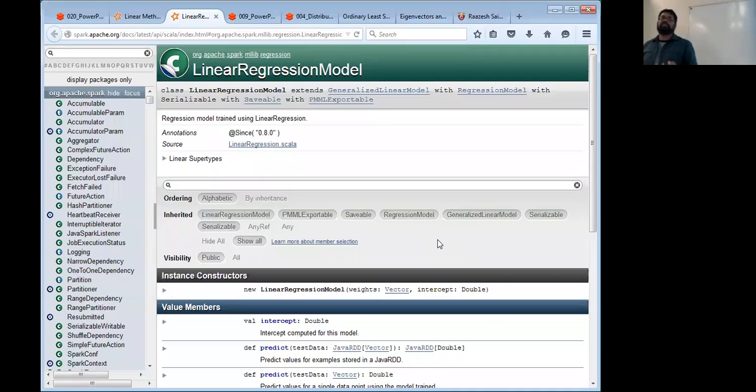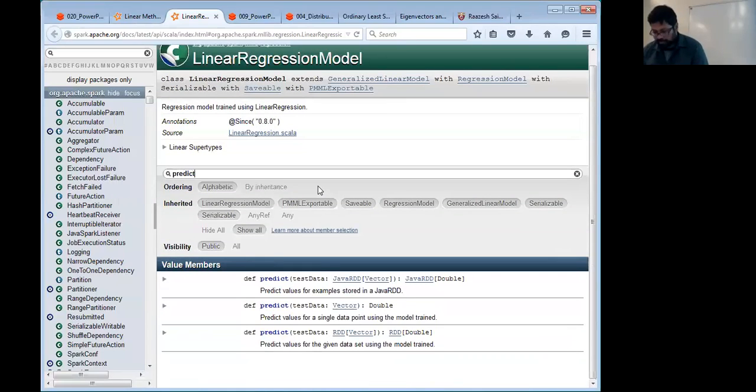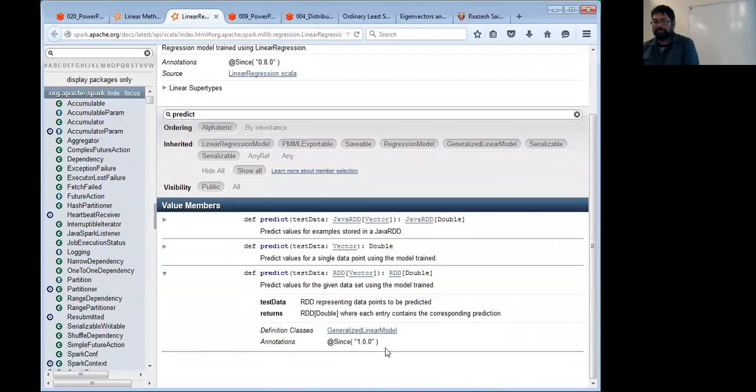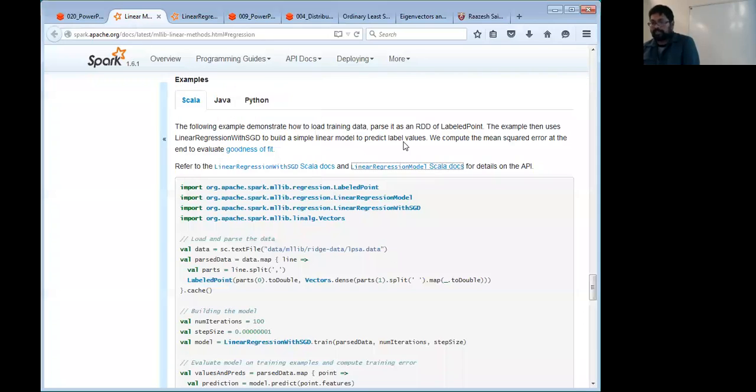I can embed Python and Java, but not Scala, so it's an unresolvable problem right now. But you can do the following. You can just right-click and go in, and then you can search here. If you want to know predict, you can search here, and it'll bring up the different predicts. Let's say you're interested in this predict, and it'll tell you something. So that's how you would do it.